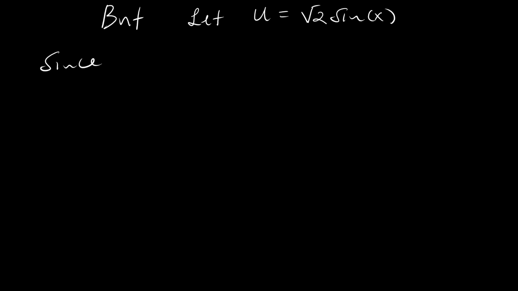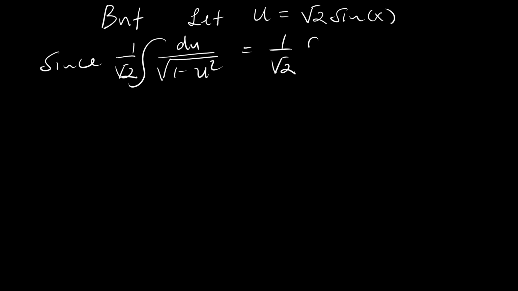However, what had we done? We had said that let u be equal to the square root of 2 sine of x, since we had said that 1 over root 2 arc sine of u plus c.